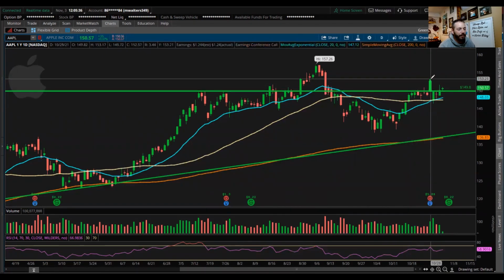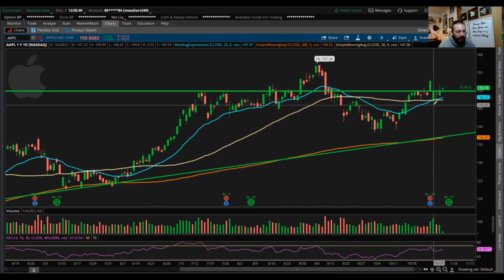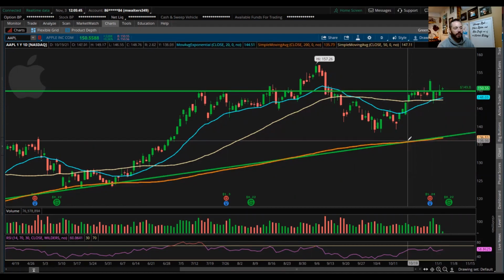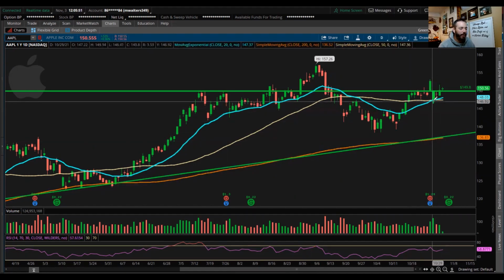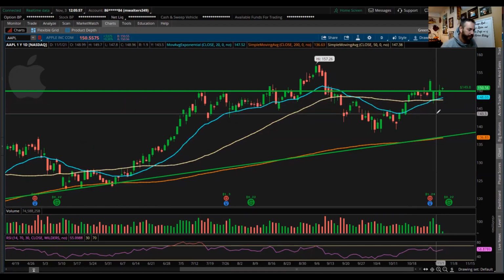We break out the day before earnings. We gap down the day after earnings. And then we rebid this right away. That is very, very bullish, and you can see a bounce off the 20 and the 50. This is a perfect bounce right here on earnings day, the day after earnings, I'm sorry.